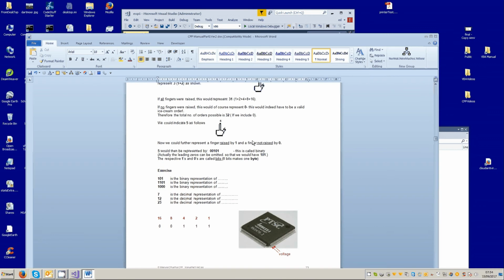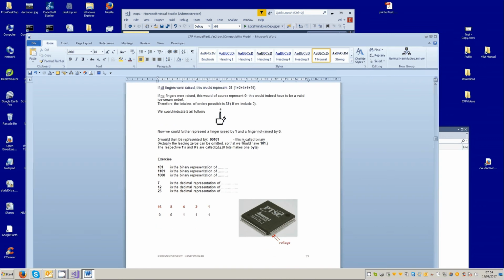If they want to indicate 5, then a 5 would be represented by that first finger up and the middle finger up. 1 plus 4 is 5, and there's no index finger here, so that represents 0 there.